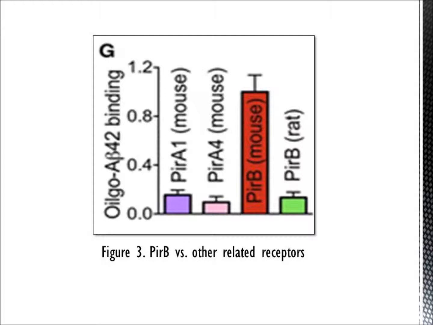Figure 3 shows that PIRA1, PIRA4, and isoform PIRB all have a much lower affinity than PIRB. This finding indicates that A-beta 42 oligomers bind selectively to PIRB.